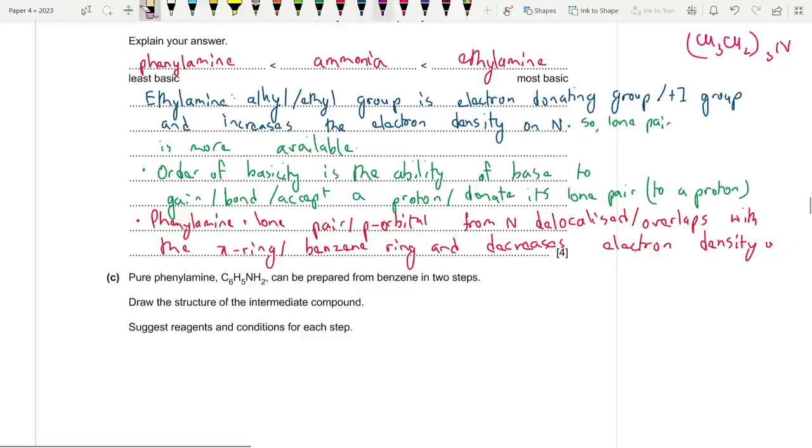So the lone pair is less available. Okay, hopefully you guys understood. This is a common question, and ammonia is in the middle.